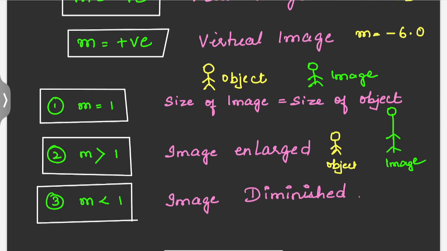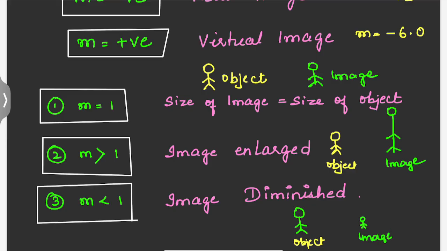Meaning is, so again, if this is the object, what we have taken, and the image, if you see, the image will be very small like this. So this is the image.